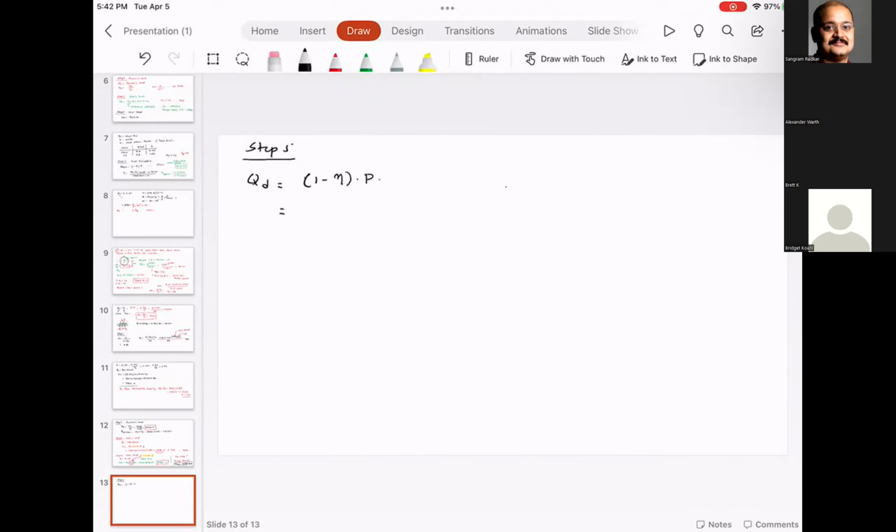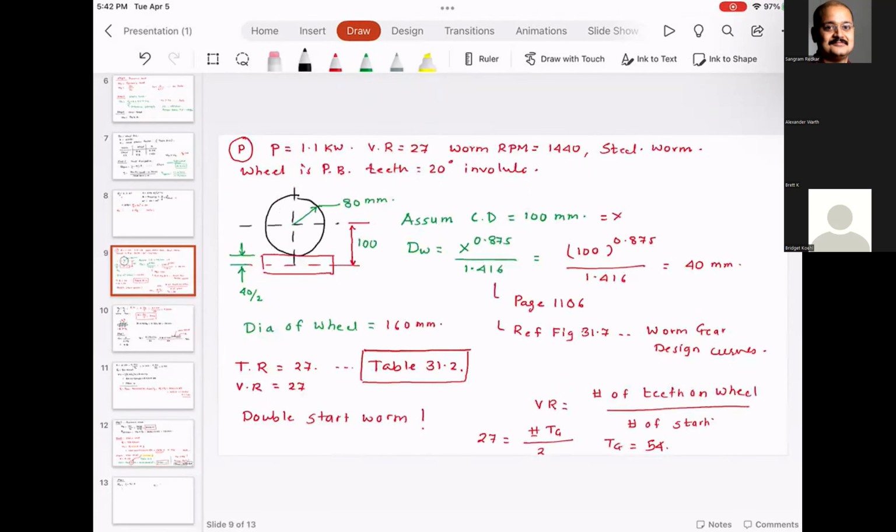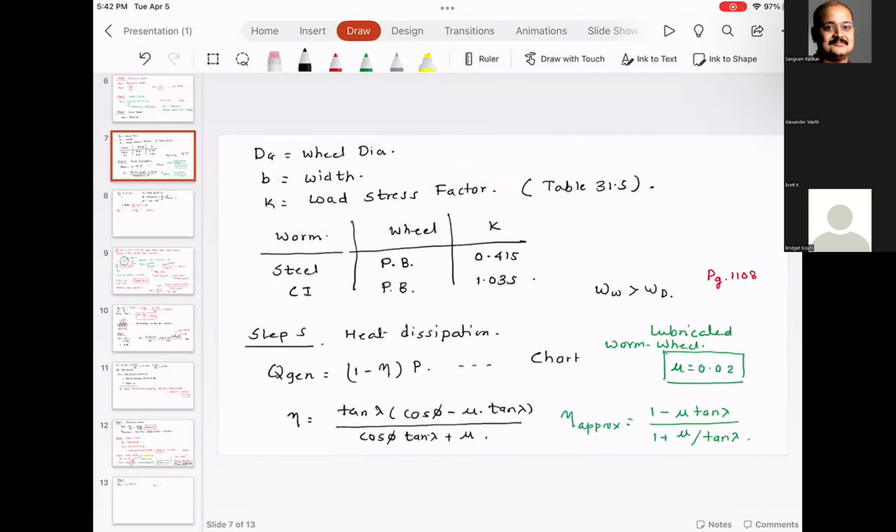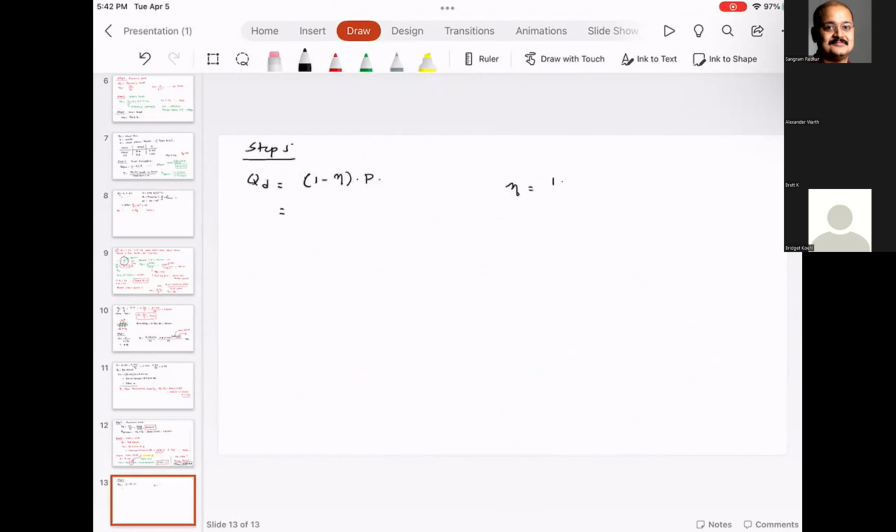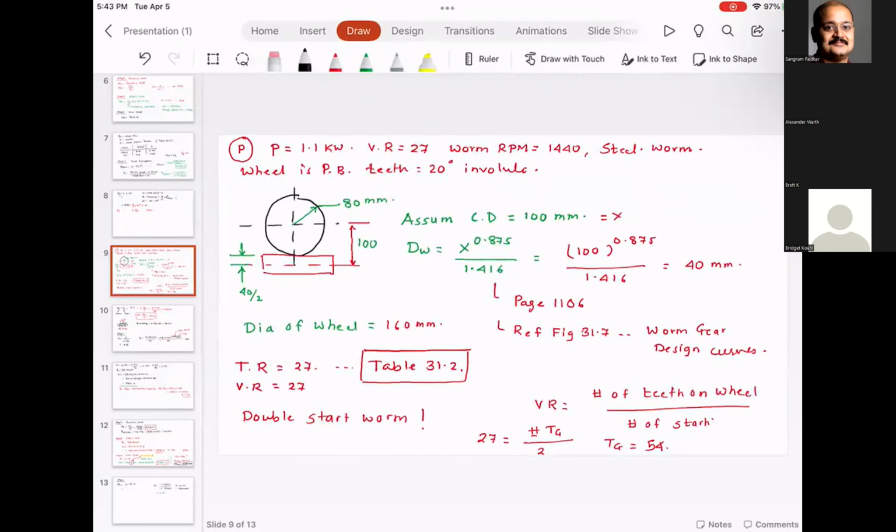Now efficiency, you can find from the equation I gave: (1 minus mu tan lambda) over (1 plus mu divided by tan lambda). I'm going to assume mu as 0.02, say lubricated. What is the value of lambda?